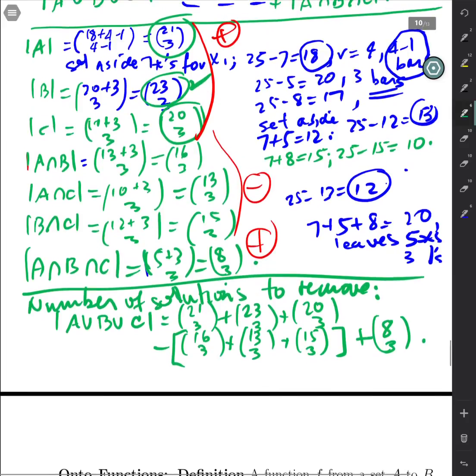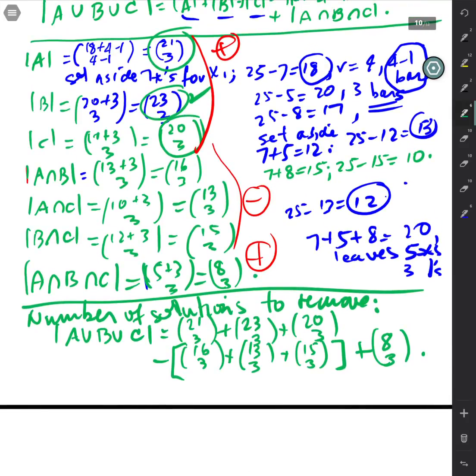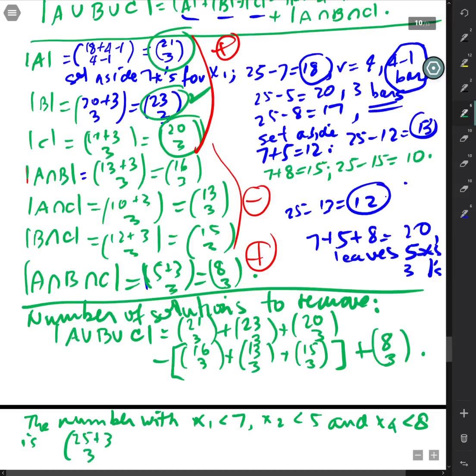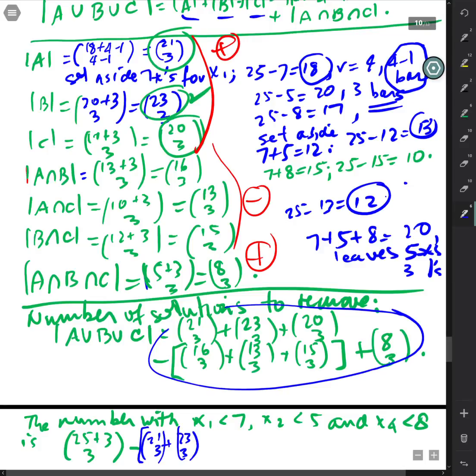And so our final result is as follows. The number with x1 less than 7, x2 less than 5, and x4 less than 8 is the total, which is 25 plus 3, choose 3, minus this computation above: minus 21, choose 3, put a bracket here, plus 23, choose 3, plus 20, choose 3.